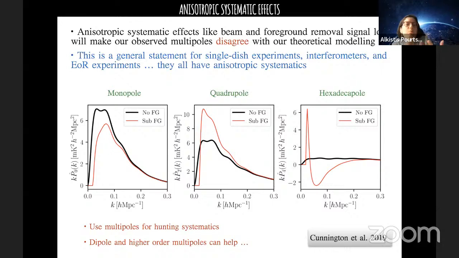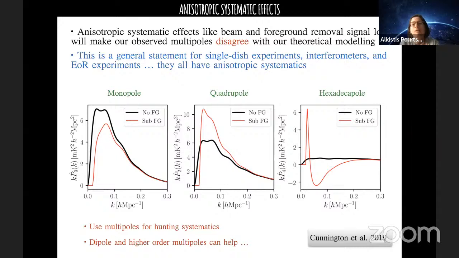But the point I want to make in this talk is that we should be using this to our advantage. And basically, I want to suggest that we should be working more with this kind of observables. So the fact that your observed multipoles will disagree and they will have strange features is not only a statement for single dish experiments, although these plots that I'm showing here and the simulations that we have are for single dish experiments.